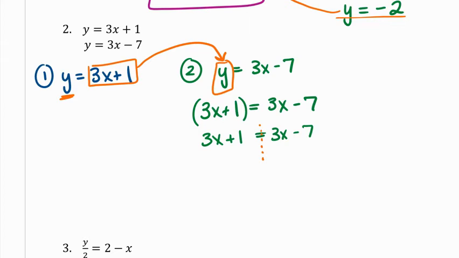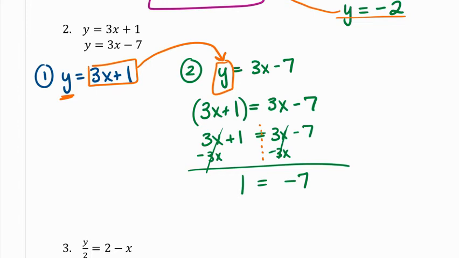I have to do those inverse operations. So I'm going to subtract 3x and subtract 3x. That's 0. And what happens to our 3x's? They're gone on both sides, right? So then all I'm left with is 1 equals -7. Which is not true. 1 can't equal -7. Sloan, what were you trying to say earlier if we graphed these?